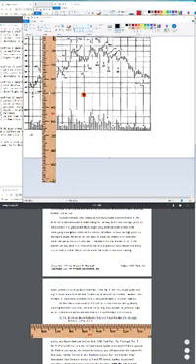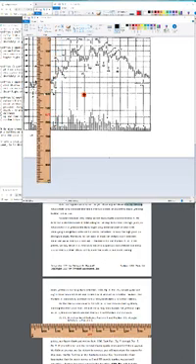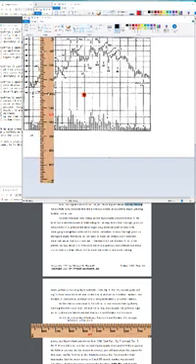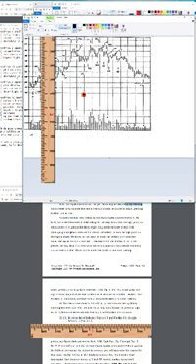At AA, so goes up, up, bingo. You have your climax.